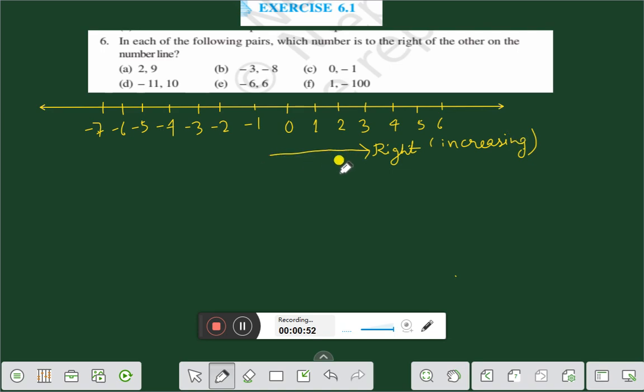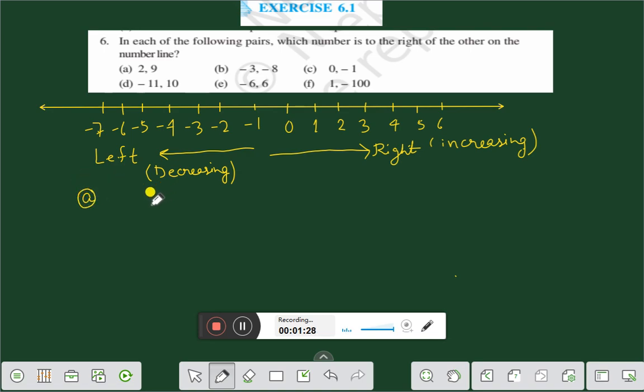And if we go to the left side, the number is decreasing. That means if you go to the right, it will be increasing, and if we go to the left, it will be decreasing, right? Here you see there are two numbers, 2 and 9.